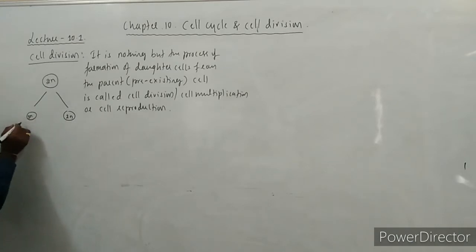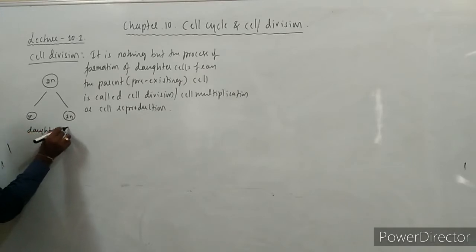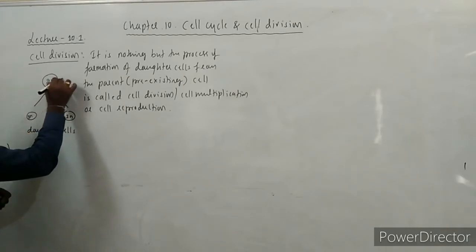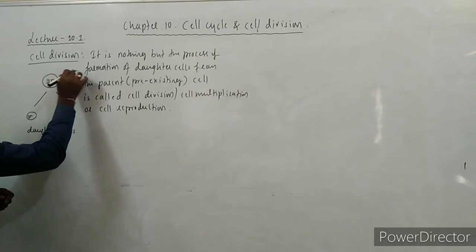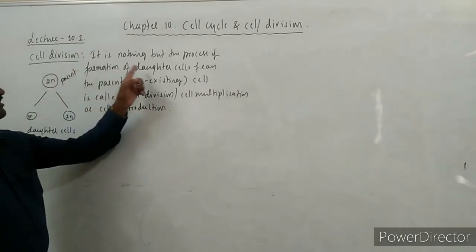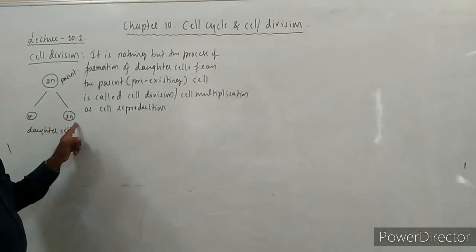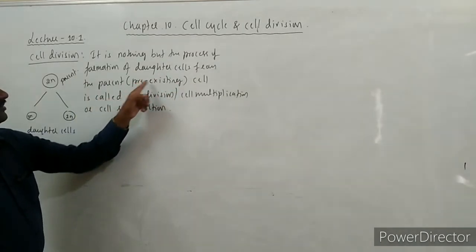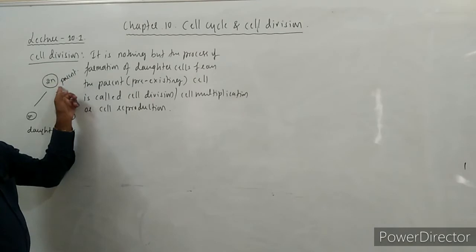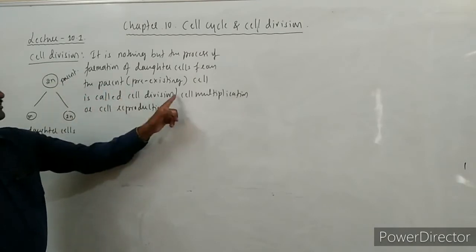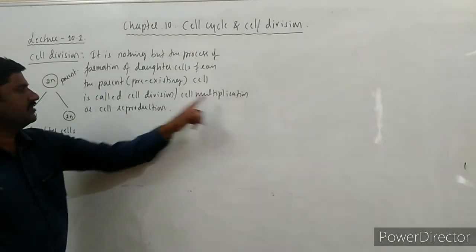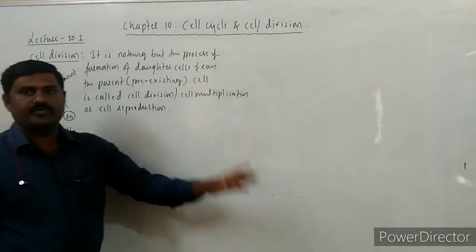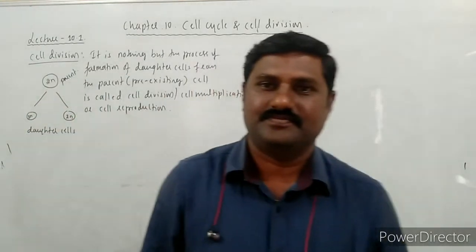These two cells are said to be daughter cells, and this is called the parent cell. So the process of formation of daughter cells from the parent cell or pre-existing cell is called cell division or cell multiplication or cell reproduction.